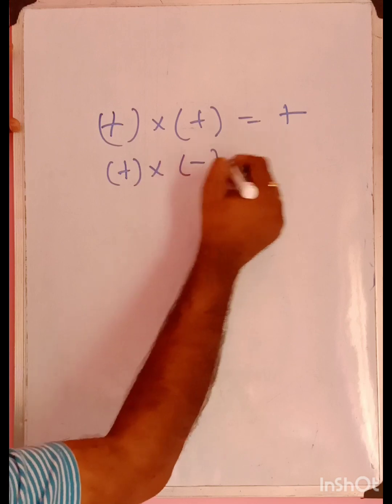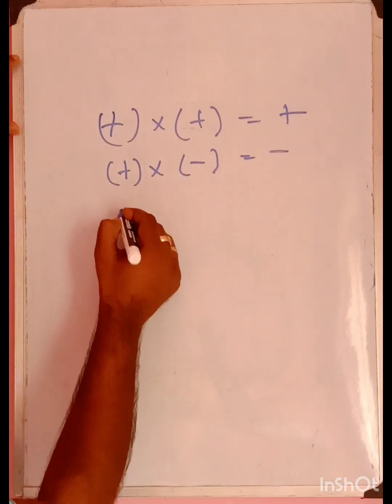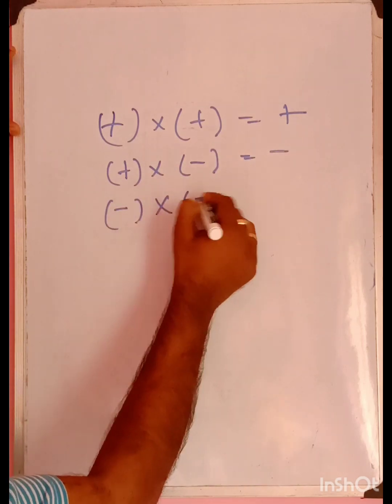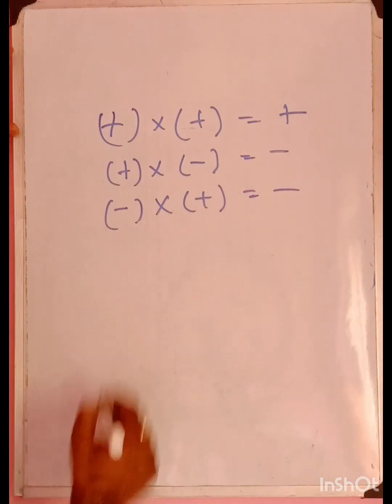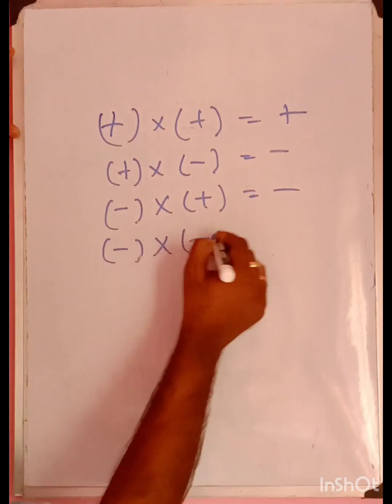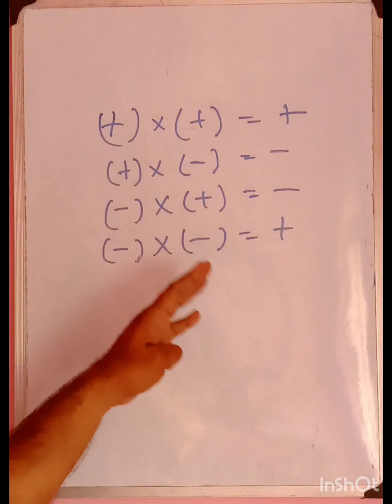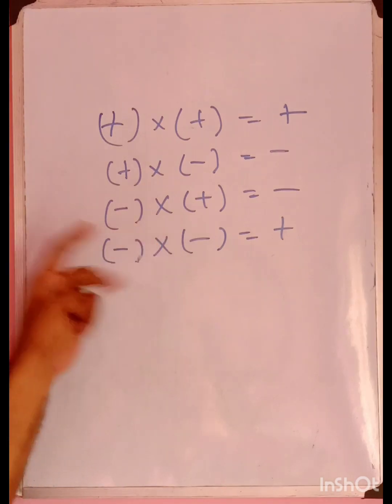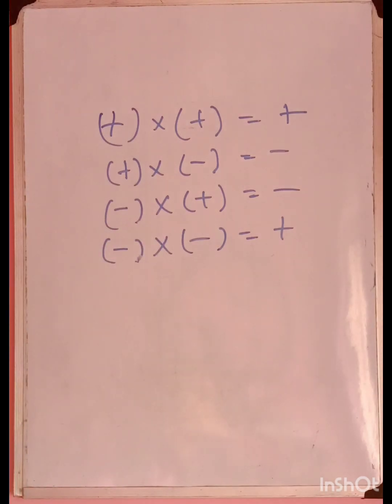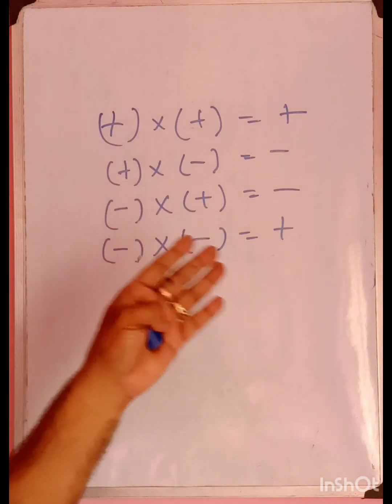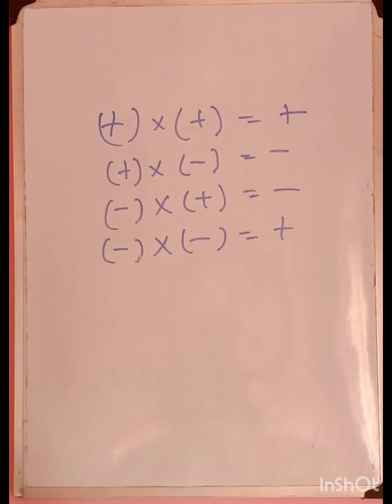Plus into minus is minus. Minus into plus is minus. Minus into minus is plus. You have this concept. Be very careful about these concepts while applying them in simplifications or in opening brackets.